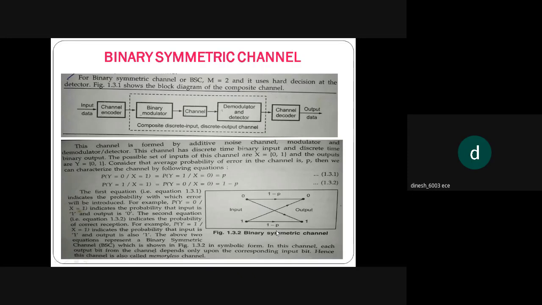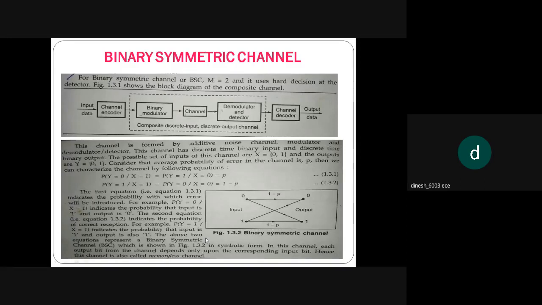So this is your binary symmetric channel. At last, it is given that these two equations represent a binary symmetric channel as shown in this diagram, which tells us that each output bit from the channel depends only upon the corresponding input bit. Hence, this channel is called a memoryless channel.